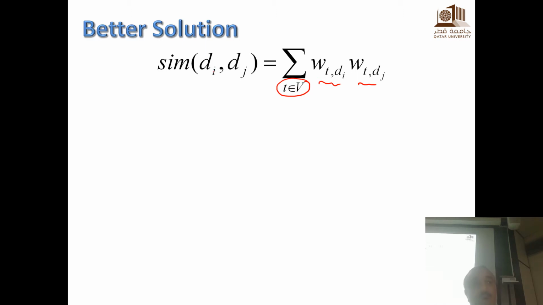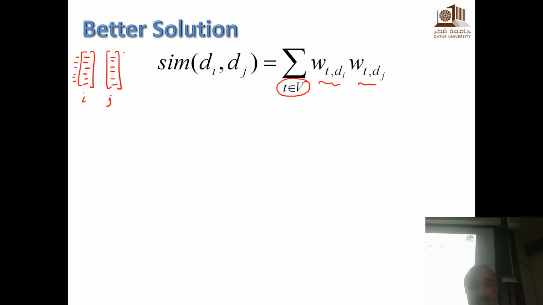For two documents di and dj, these are two vectors. Let's say this is i and that's j, and this is over all terms. The terms are here, and every term has a weight, and we compute these weights.